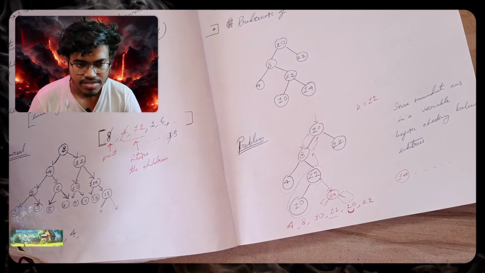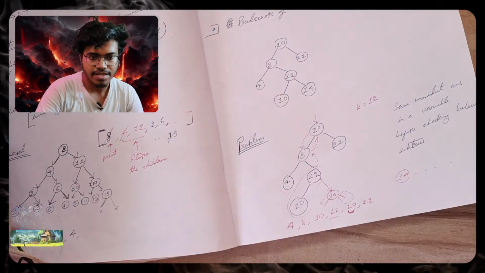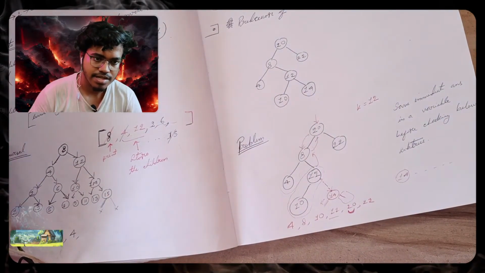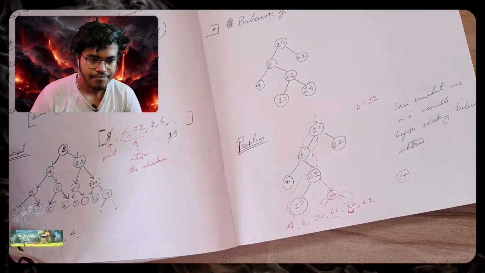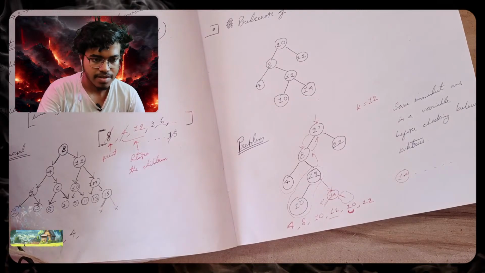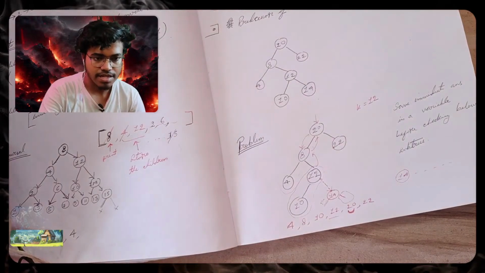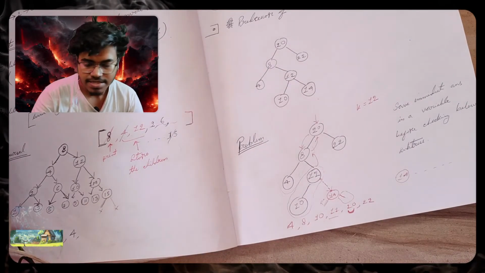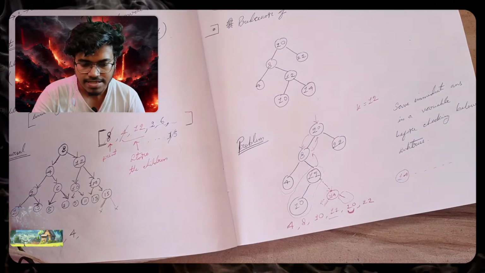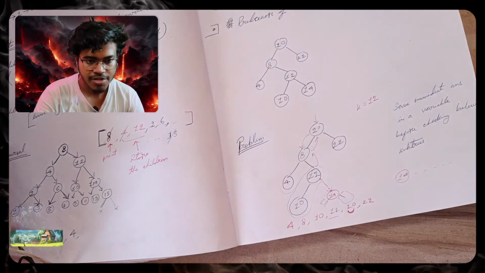Alright, so x dot value, no, x dot data is there. If node dot data is greater than the key value, then it may be a potential answer.